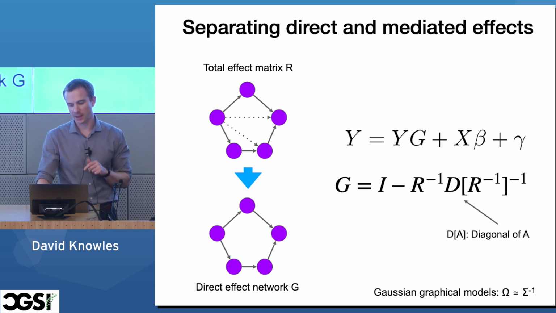I should also mention, for those of you who are aware of Gaussian graphical models, if you have a covariance matrix sigma, if you want the precision matrix, so a covariance matrix tells you about correlations between variables or traits, and its inverse, the precision matrix, gives you what are called partial correlations. So those are correlations between pairs of traits or variables where you've controlled for the effects of all other traits.